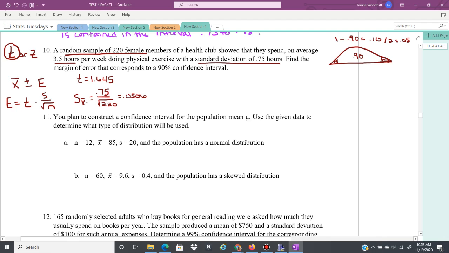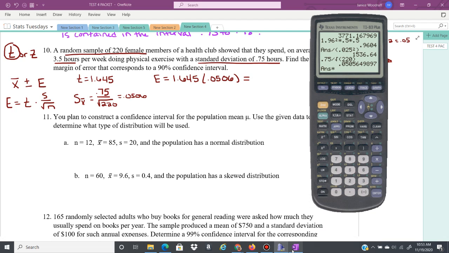Okay, so our margin of error is going to be 1.645 times 0.0506. So we're going to take that number, multiply it by 1.645. We get 0.0832.